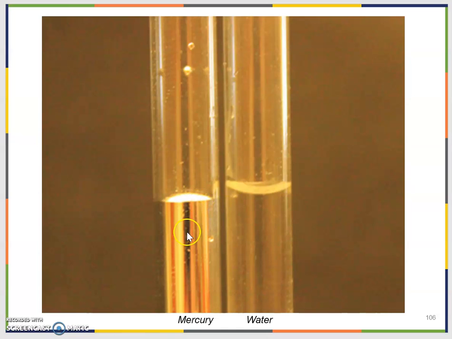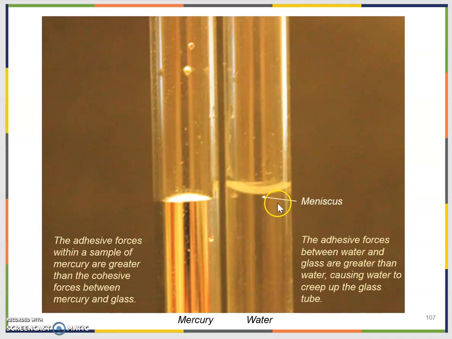And that's because mercury has higher cohesive forces between the mercury atoms than the adhesive forces between it and the glass. Whereas water has great adhesion between the water and the glass, and so it creeps up the glass tube on the sides all the way around the circle because it's attracted to the glass.